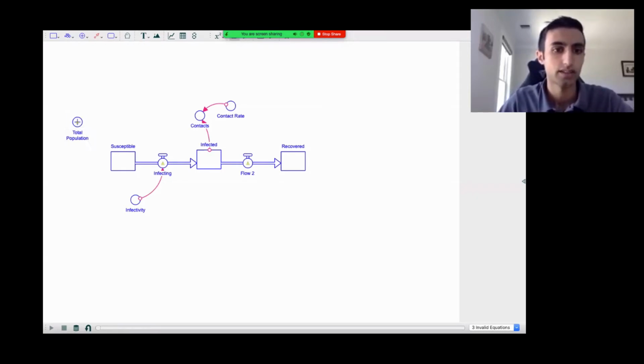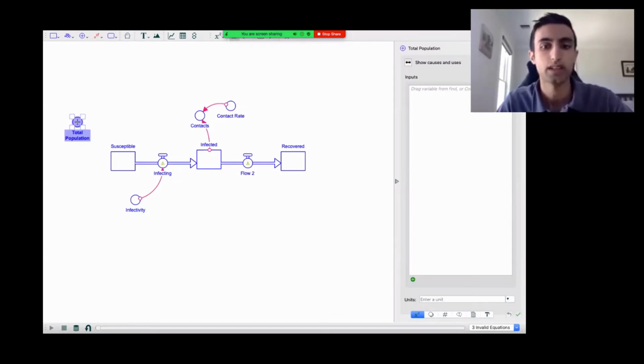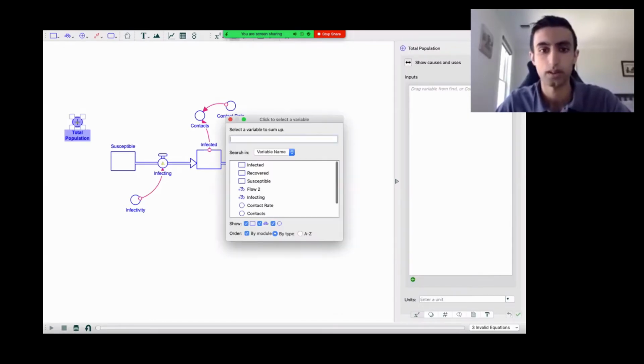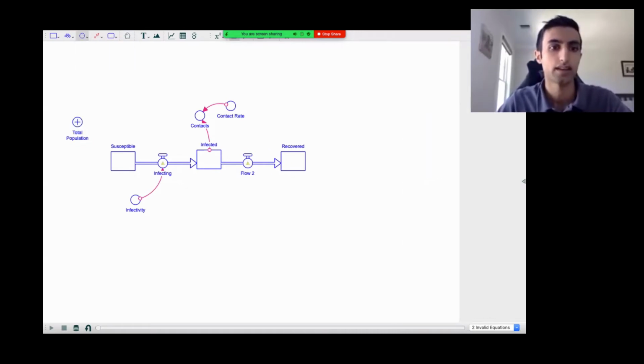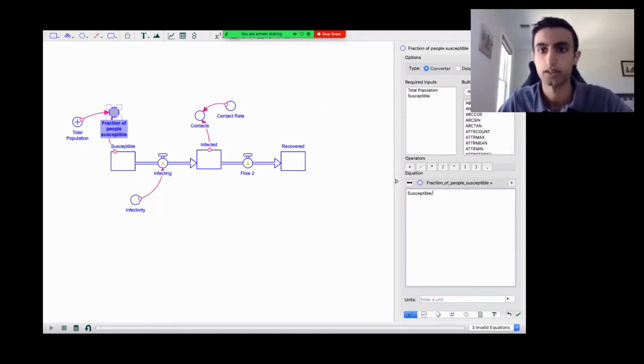So this adds the susceptible, infected, and recovered because those are the 3 segments of our total population in this model. Now we can use that in combination with susceptible to find out the fraction of people susceptible. So this would just be obviously susceptible divided by total population.